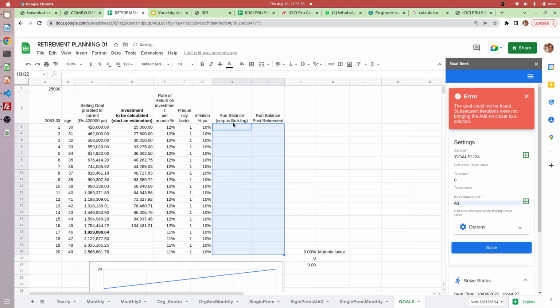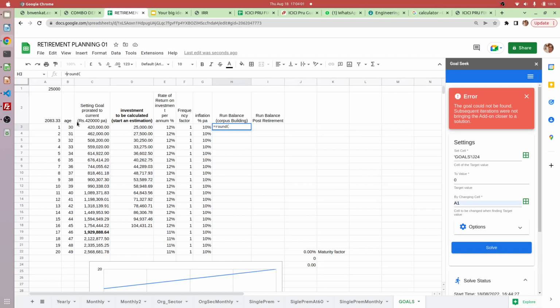Let me regenerate it so that you can understand well. The corpus generated will be equal to the round of the investment, sorry, there is something wrong.